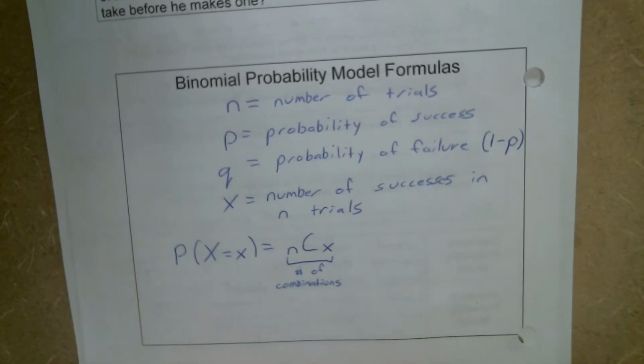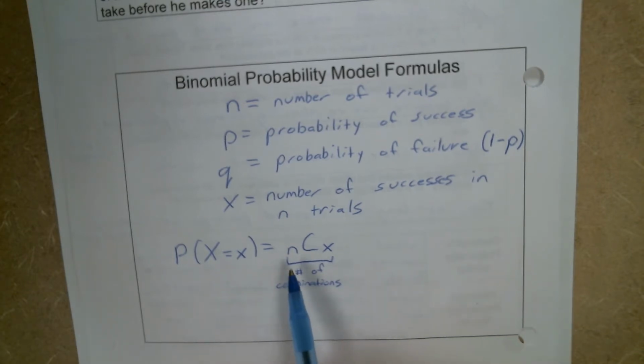Well, let's say you want to find out the odds that I make 2 out of 5 shots. I could miss the first 3 and make the last 2. I could make the first one, miss the next 3, make the last one. I could make 1, miss 1, make 1, and then miss 2 more. But this mathematically will give us the total number of combinations to achieve 2 out of 5 successes or to achieve 10 out of 30 successes. And we usually read it as, let's just pretend it's 5 again, 5 choose 2.